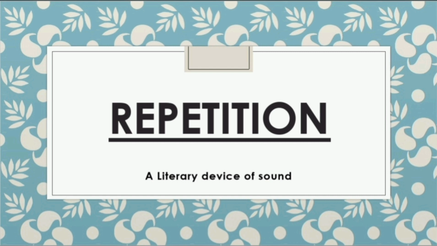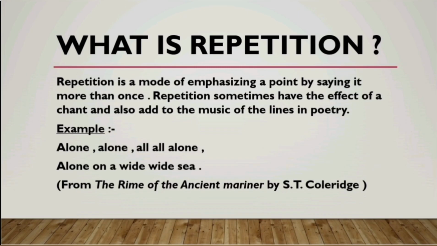So basically, repetition is a literary device of sound. What is repetition? Repetition is a mode of emphasizing a point by saying it more than once. Repetitions sometimes have the effect of a chant and also add to the music of the lines in poetry.